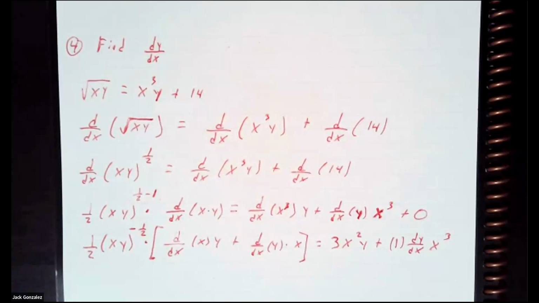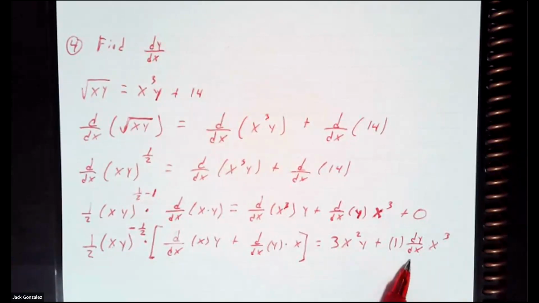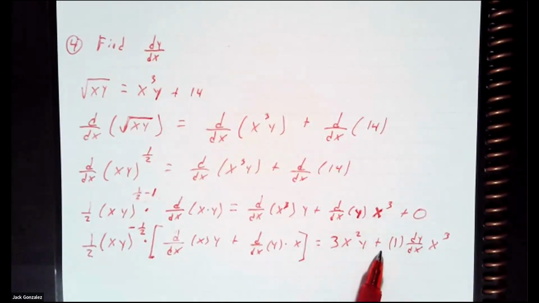Where did we get the dy dx on the top from? The derivative of y is going to be dy dx. So the derivative of y is 1 times the chain rule part, the implicit rule. Okay, so that one is coming from that as well. I got a little confused.